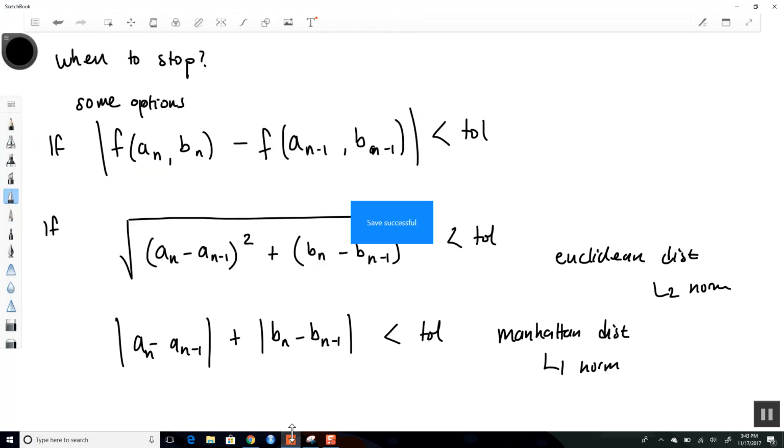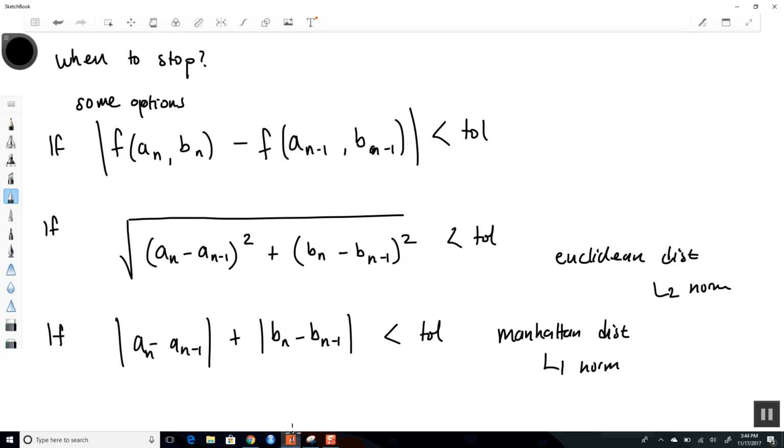And so these are all options. You probably wouldn't just look at one of the variables at a time. You'd look at both a and b together. But you can do the Manhattan or the Euclidean distance, your L1 or L2 norms.